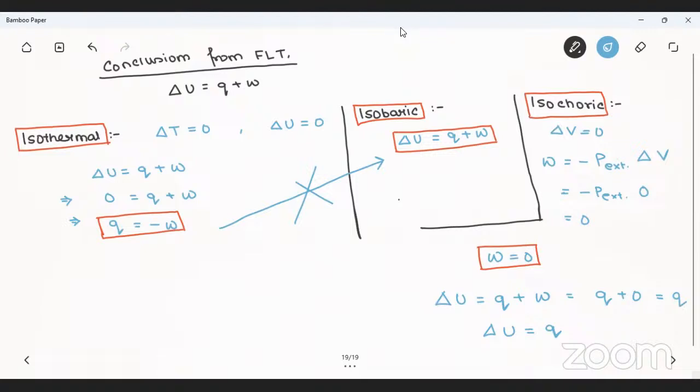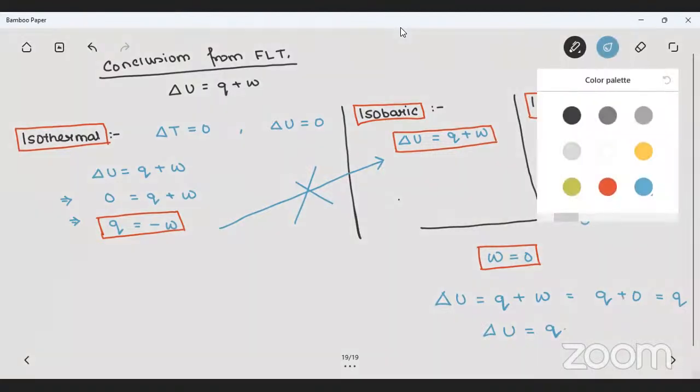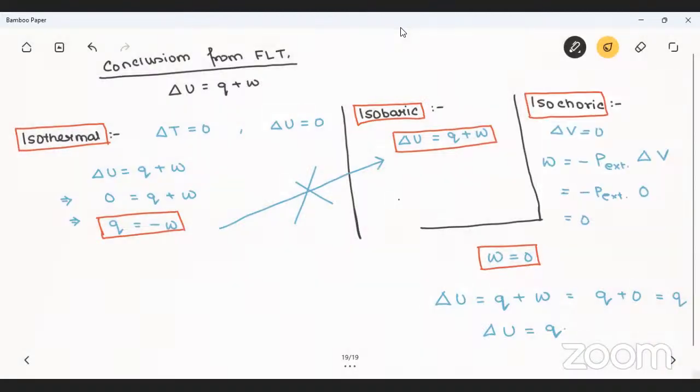Yes, ma'am. Good. Now I am writing a small v here. Why have I written small v? QV means heat absorbed at constant volume.